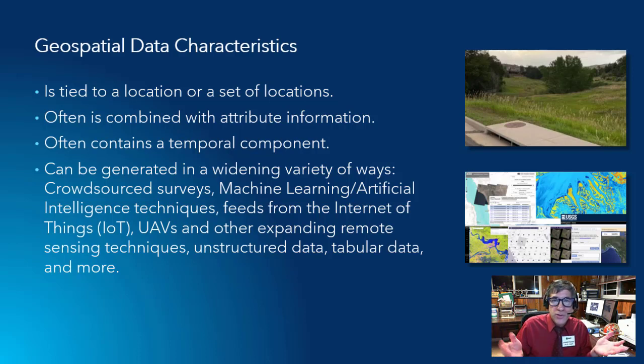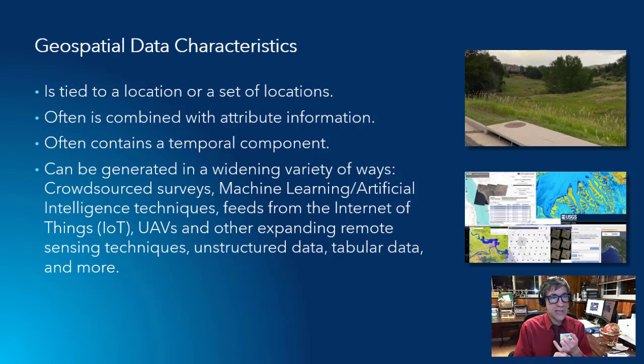It could be on Mars. It has to do with a location. It's often combined with attribute information, the water quality, the population of a place, the demographics of a place, the characteristics of the biome, etc. It often contains a temporal component, a time component, and it can be generated in a widening variety of ways.